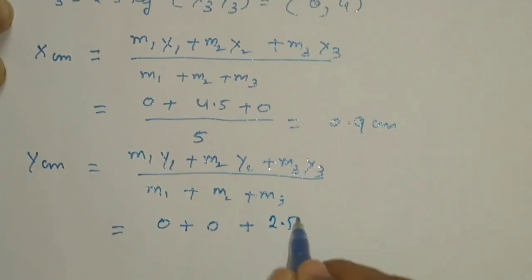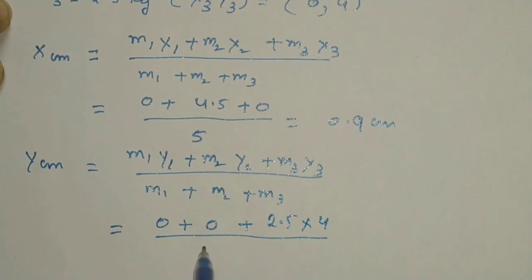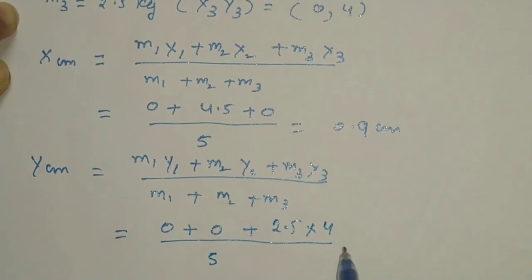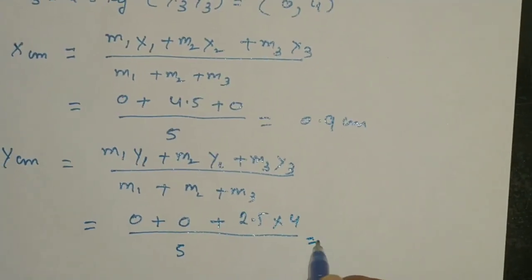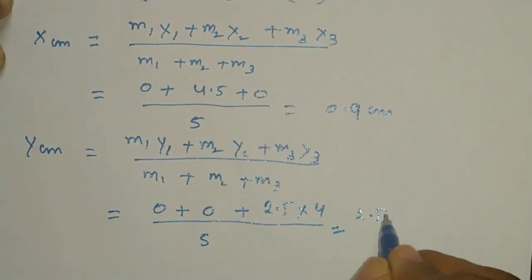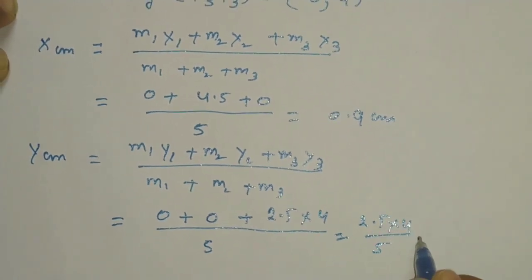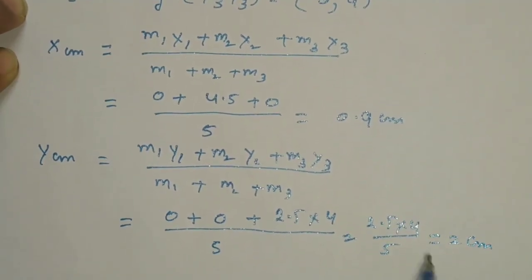So 2.5 into 4 divided by 5 is 4 by 2, that is 2 centimeters.